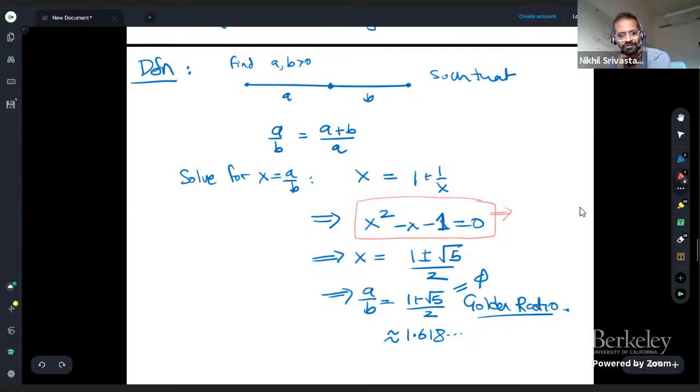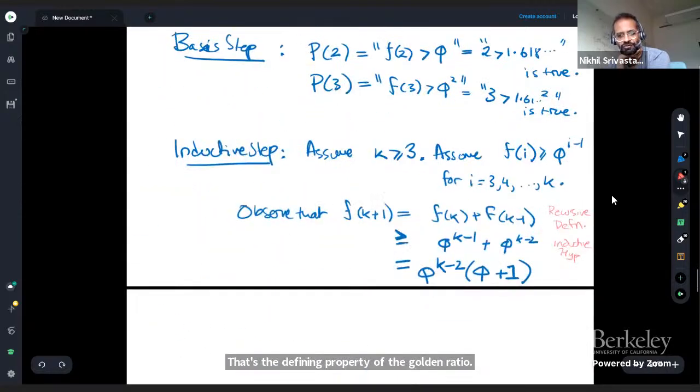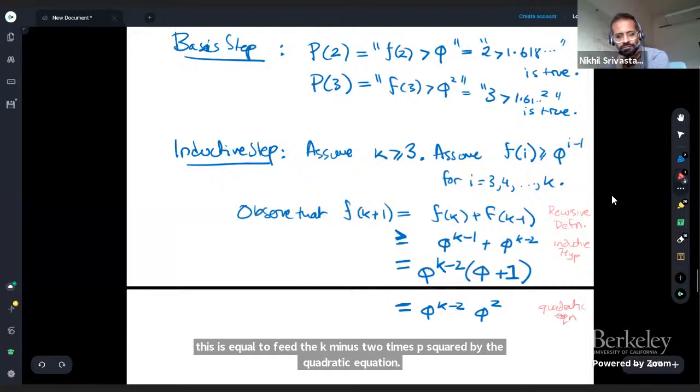So if you plug in phi into this, what this implies is that phi squared is equal to 1 plus phi. That's the defining property of the golden ratio. But that's exactly what we need in this proof here. Right? This is equal to phi to the k minus 2 times phi squared by the quadratic equation. And this is just phi to the k.